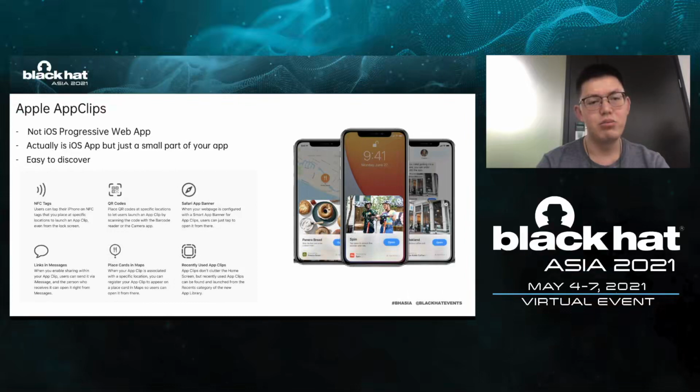You can also place a QR code at a special location to let users launch an app clip by scanning the code with the barcode reader or the camera app. When your web page is configured with a small app bundle for app clips, users can just tap to open it from there.